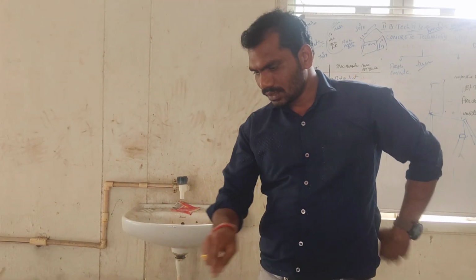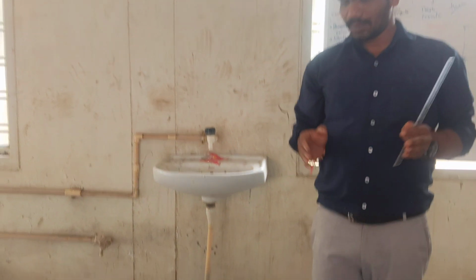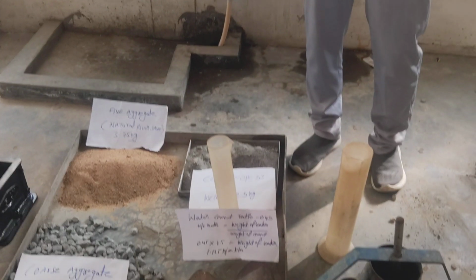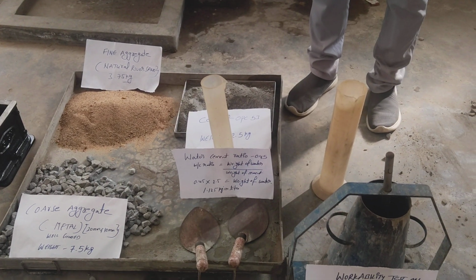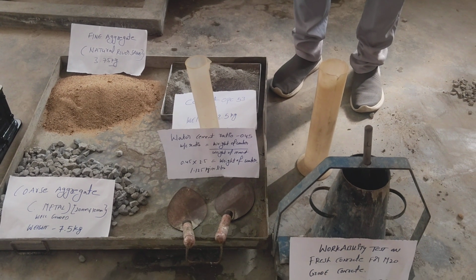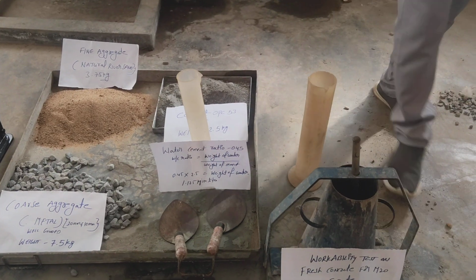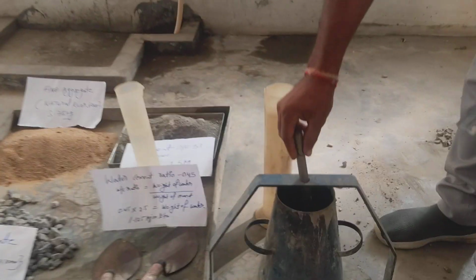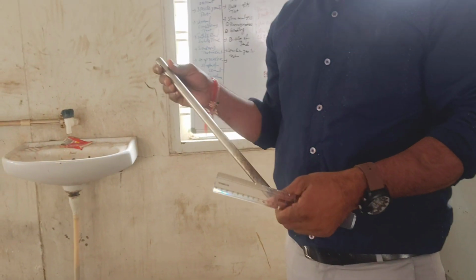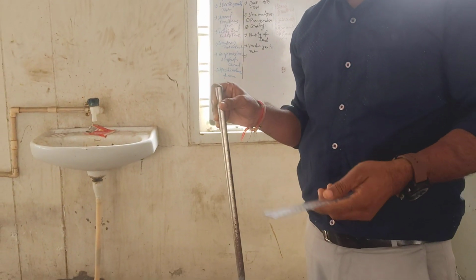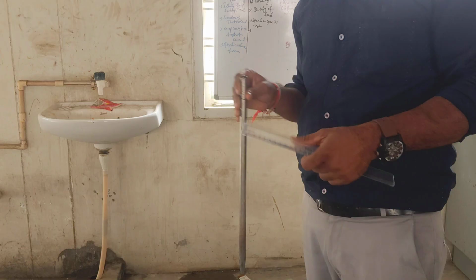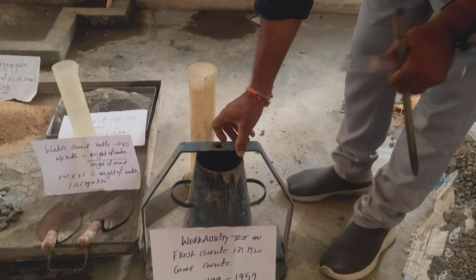Here are the equipments and materials arranged for conducting the slump cone test to measure the workability of fresh concrete. First, I am describing the equipments. This is the tamping rod. It has graduations and its length is 2 feet, that is 60 centimeters. Next, this is the frustum of the cone.